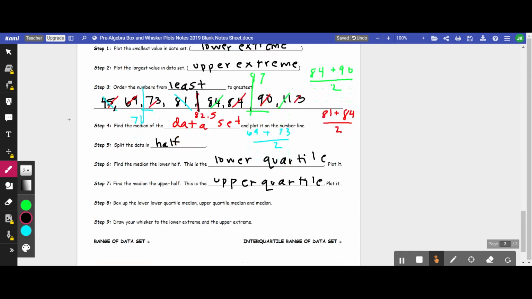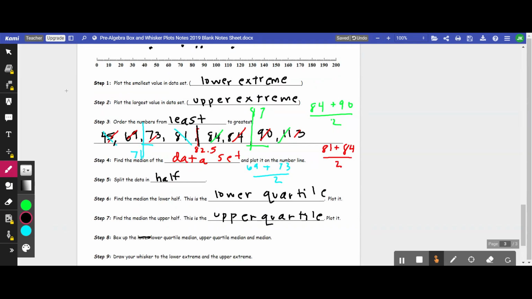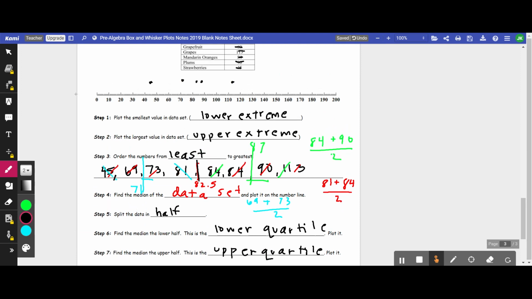And then, now that you have all your points, the next thing you should do is box up your lower quartile, your upper quartile, and your median, and then you can draw the whiskers to each side, to the lower and upper extreme. So your box will be in the middle here.